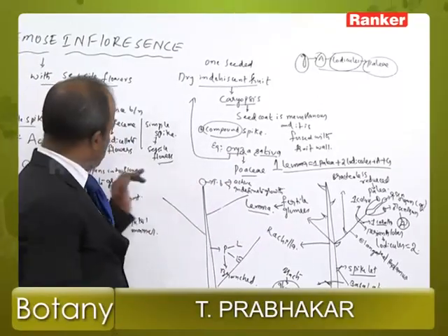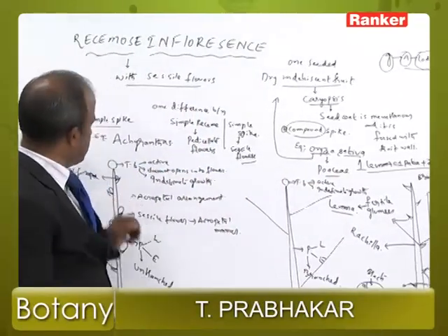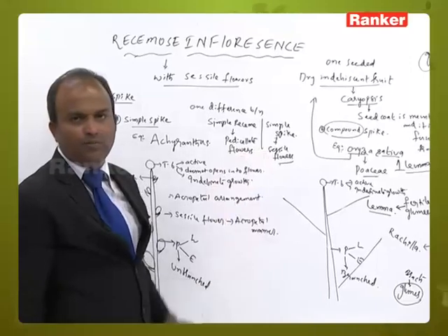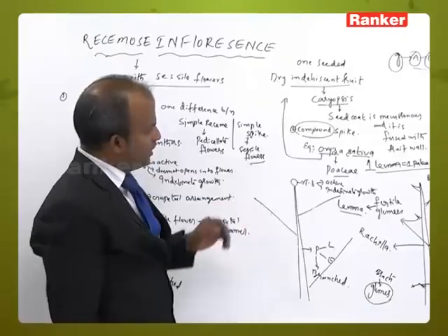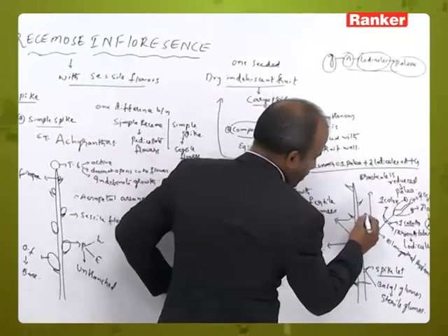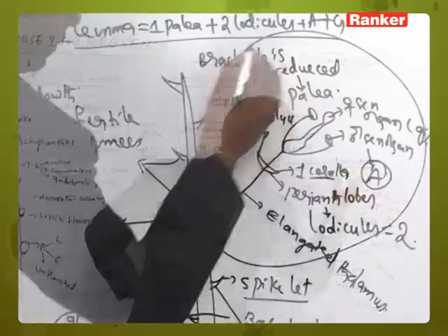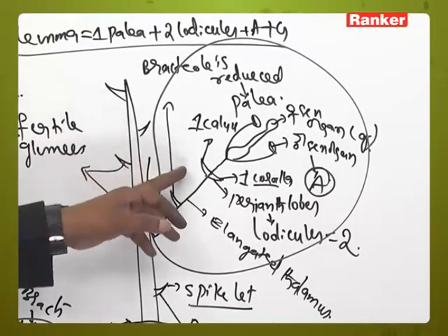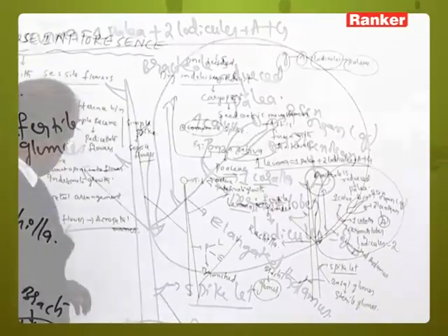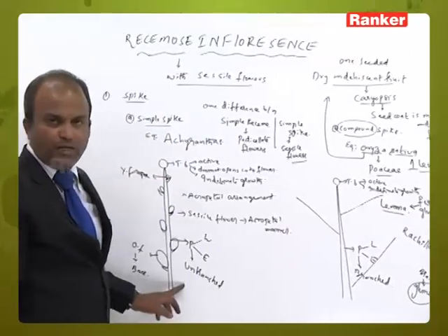So this is about the compound spike. And one more thing here: each branch of a compound spike, does it resemble a simple spike?